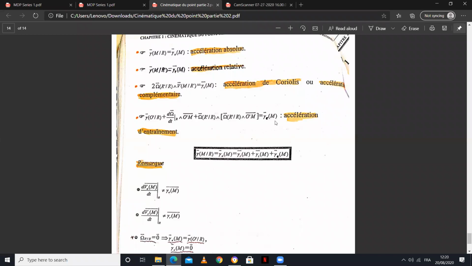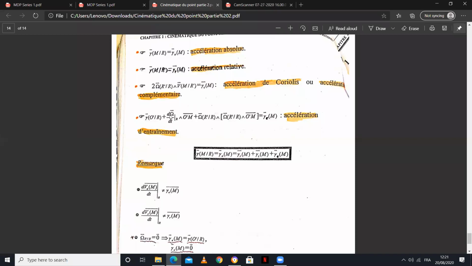Then we have our accélération d'entraînement. This one is longer. Okay, so you first calculate gamma de O' par rapport à R. Remember, in the vitesse d'entraînement, we calculated V de O dans R, or the M0 rather, in the question. So here we're just going to derive that expression again, okay, to get our gamma, tout simplement.